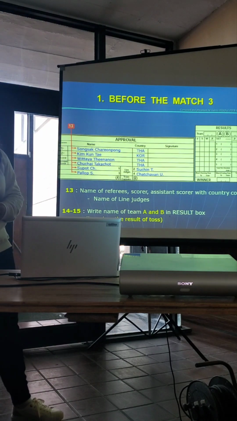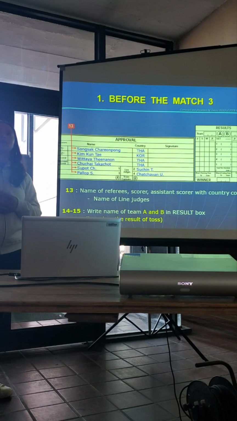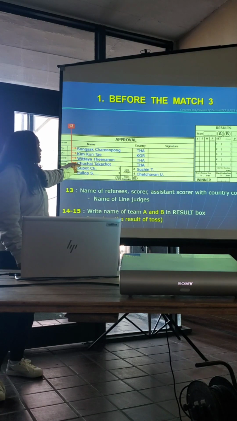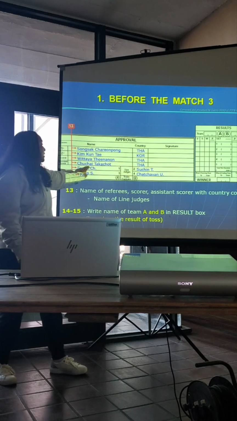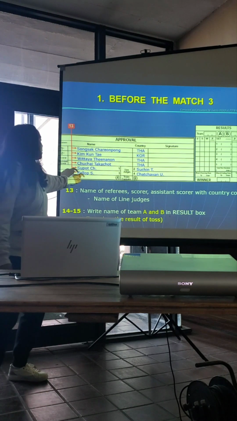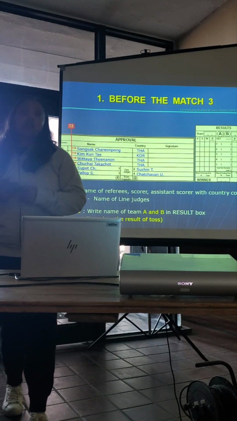So generally, you have line judge number 1, line judge number 2. How do you determine who is line judge number 1? On the right hand side of the first referee. So effectively, these are most likely also international referees, and they will also evaluate.